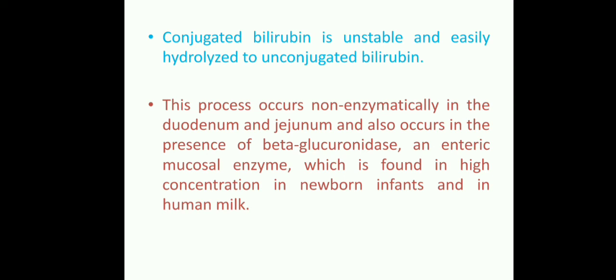This process occurs non-enzymatically in the duodenum and then jejunum, and also occurs in the presence of beta glucuronidase, an enteric mucosal enzyme found in high concentration in newborn infants and in human milk. So breastfeeding jaundice is also a cause, as milk contains enzymes which are not metabolized in the duodenum and jejunum. This is about conjugated bilirubin levels.